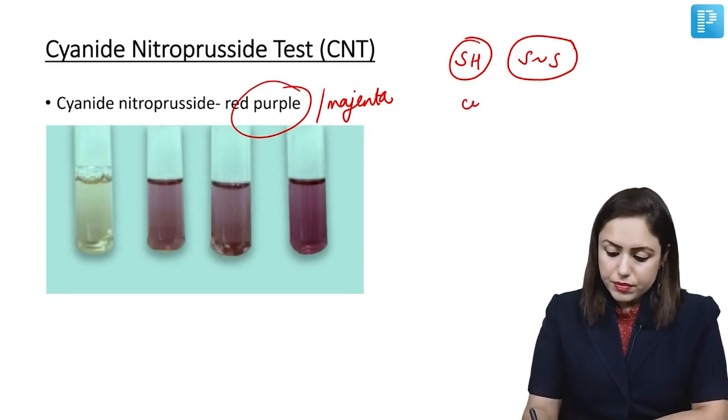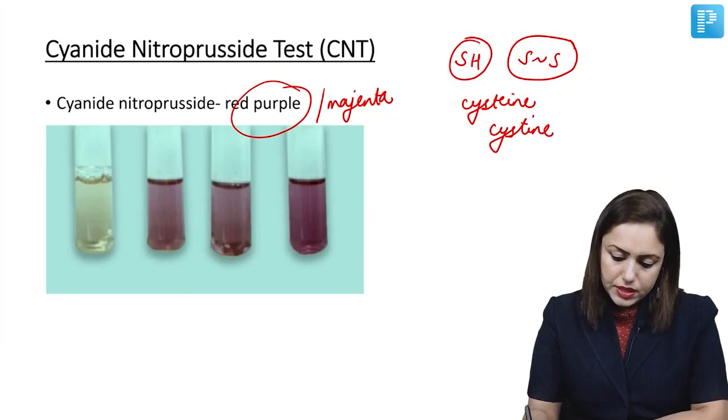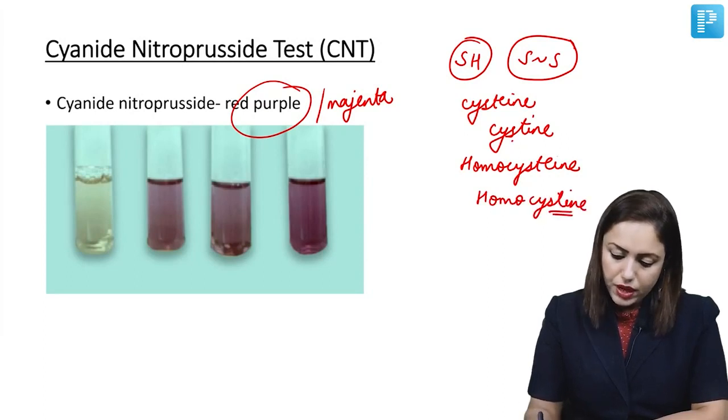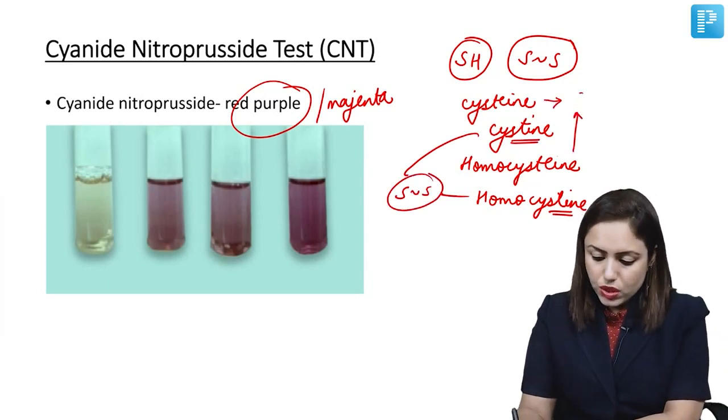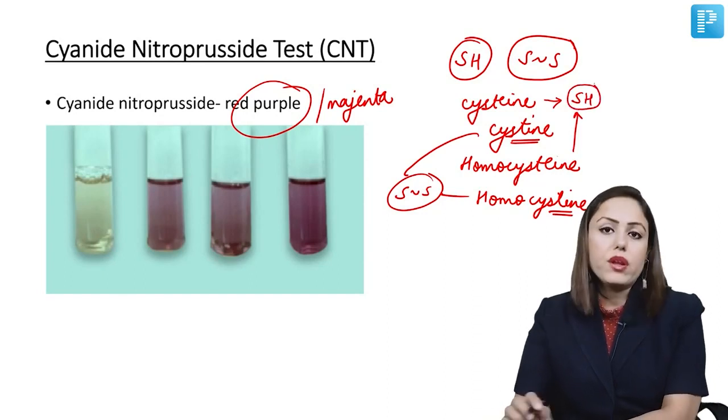For example, cystine, cysteine, homocystine, homocysteine. When we write cystine, then we have disulfide bond. When we write cysteine or homocysteine, then there is sulfhydryl group.